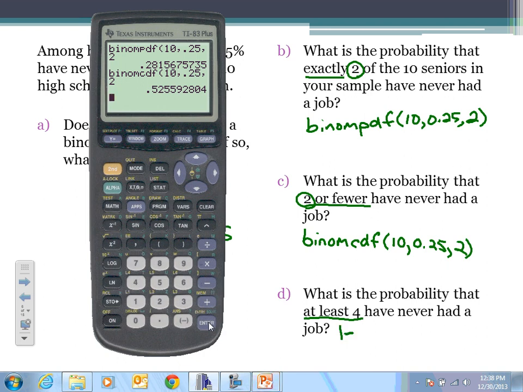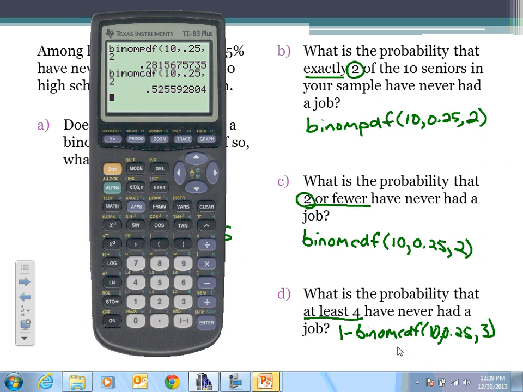We're going to go 1 minus the binomial CDF, 10, 0.25, and then our k value in this problem would be 3. At least 4, again, is the complement of at most 3. So we're going to find the complement of at most 3.